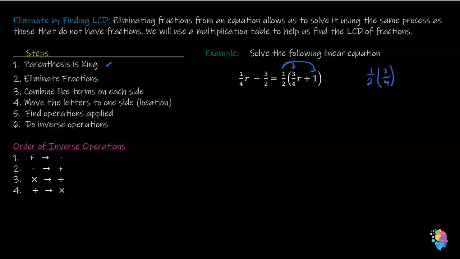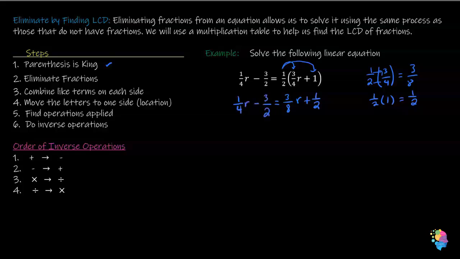The way we multiply is we multiply across. 1 times 3 will be 3, and 2 times 4 will be 8. So then I have here 3 over 8. Don't forget to bring the variable. And then when I do 1/2 times 1, I just get back 1/2. So let's bring it down. Don't forget we have a left side, so this becomes 1 over 4, the variable, minus 3 over 2.